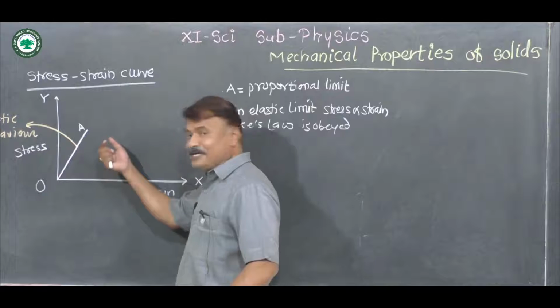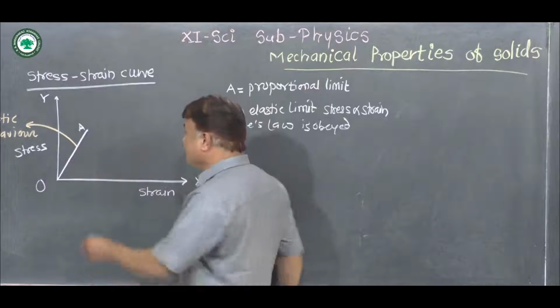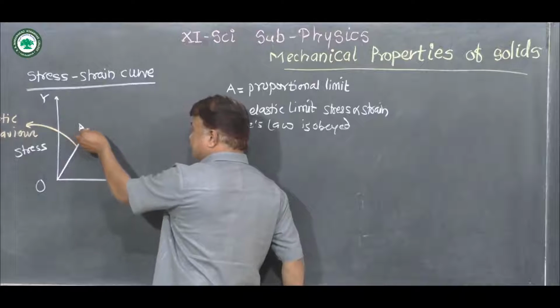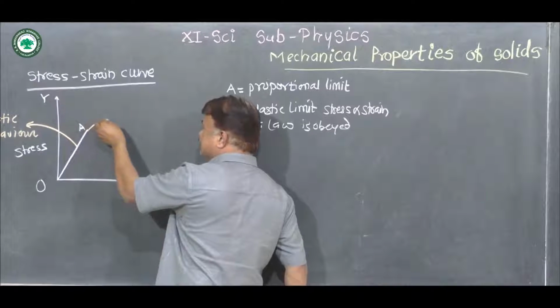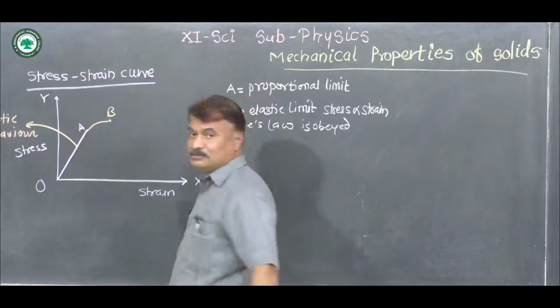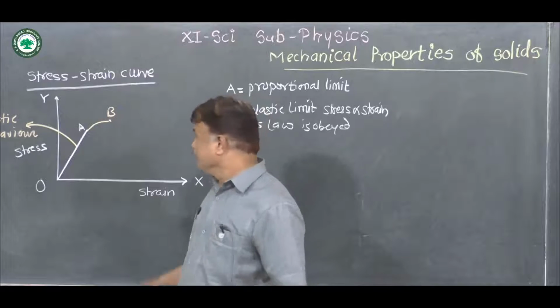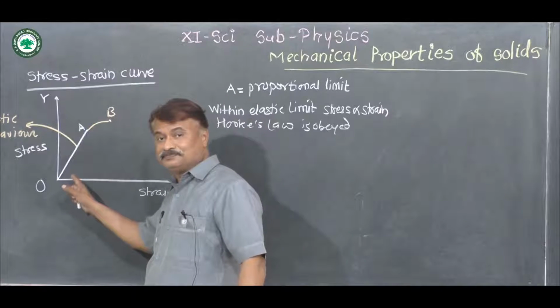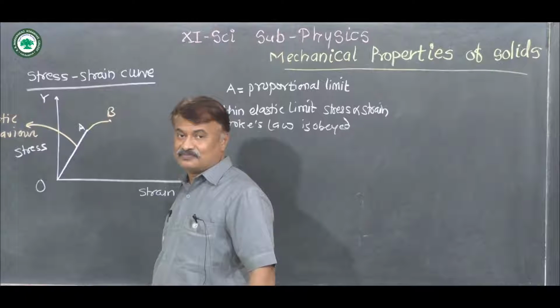Now if we increase the load in step of 500 gram beyond the point A, then nature of graph is not straight line, it is curve up to point B. But if we decrease the load, then it regains its original dimension.